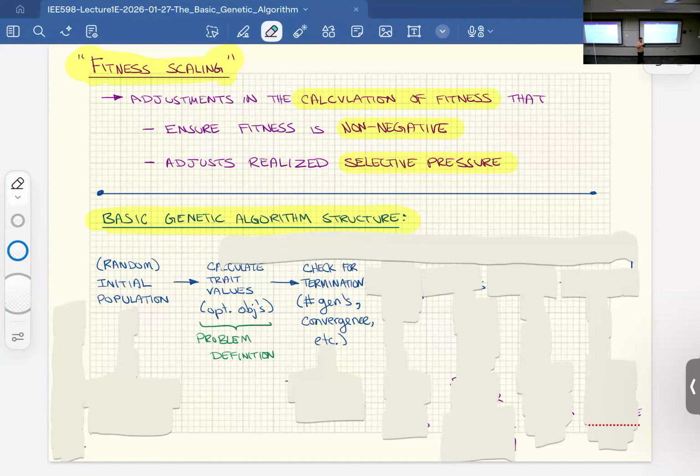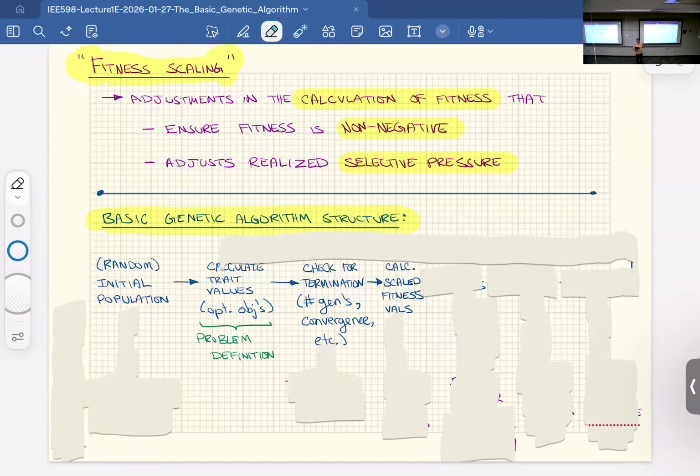So termination conditions could be the number of generations, how many times we have gone through this loop. They could be convergence. So, are the trait values that I see, if I look at the span, or the maximum difference between the trait values in this population, what was it in the previous population?